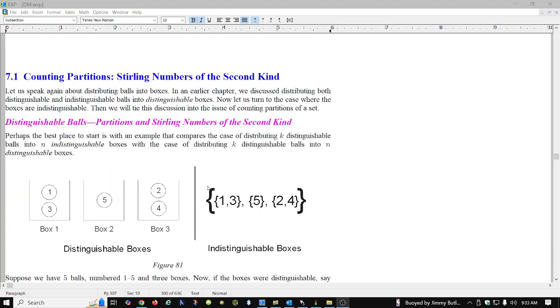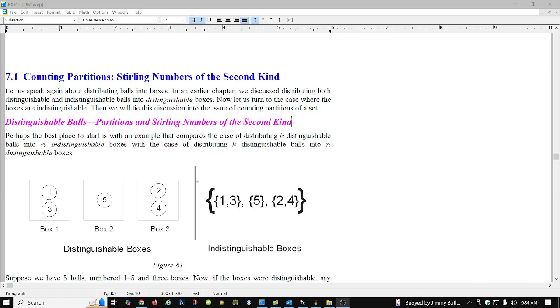It's my impression that students have a little trouble with the concept of indistinguishable boxes. One of the problems is if you draw a picture of the boxes, you have distinguished them by their location on the page. That is not the kind of distinguishability that is relevant to this discussion. That doesn't matter.